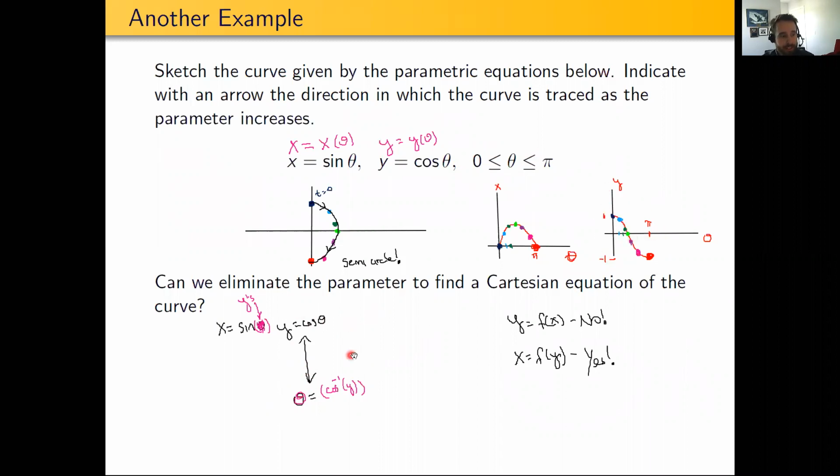So this is a well-defined expression on the interval that we care about, and therefore, since theta equals the inverse cosine of y, we get that x, when expressed as a function of y, is equal to sine of the inverse cosine of y.